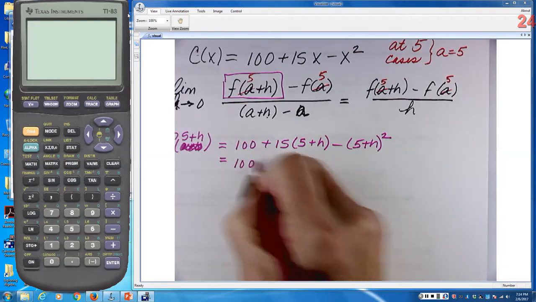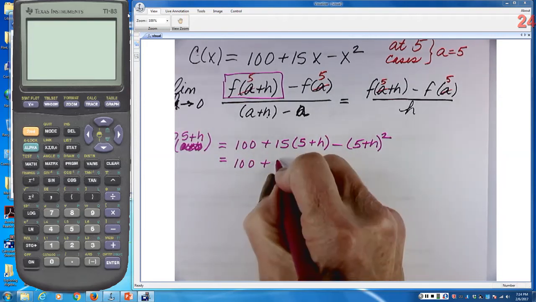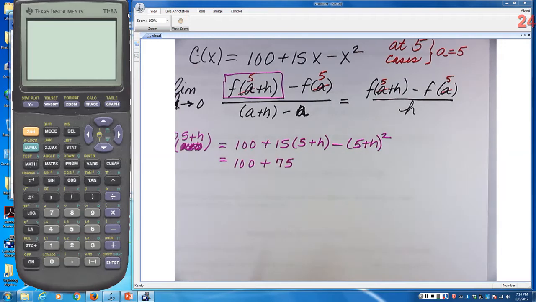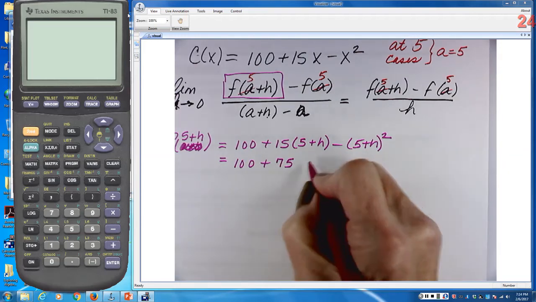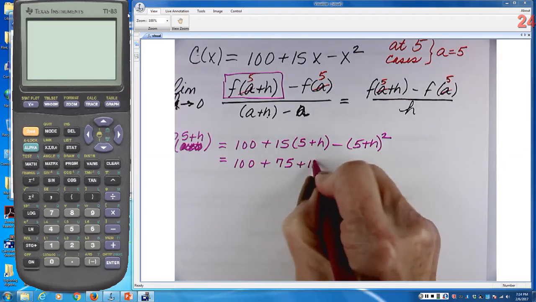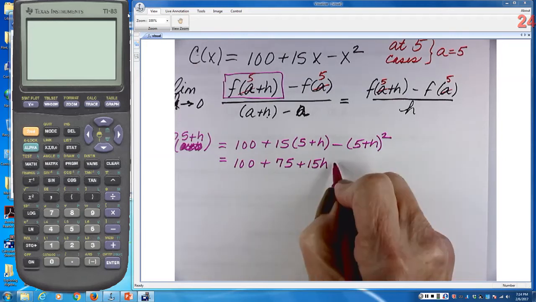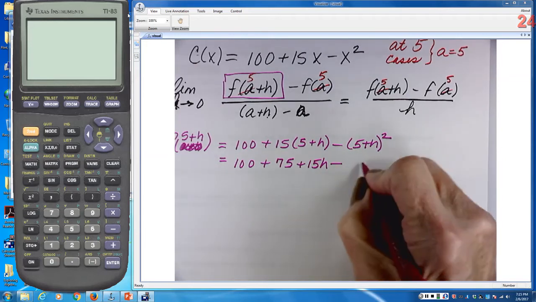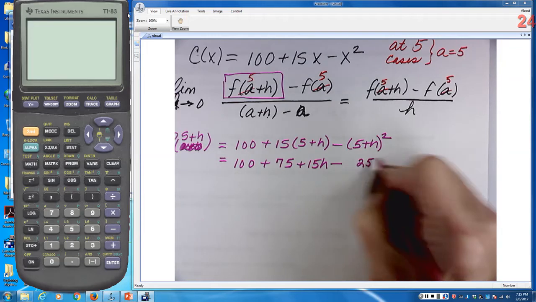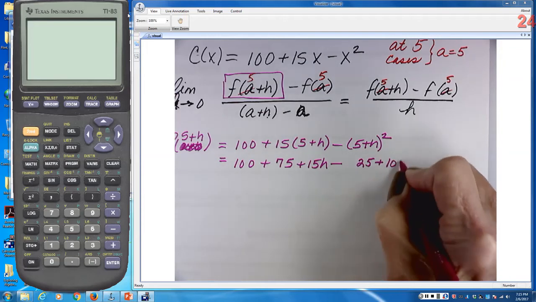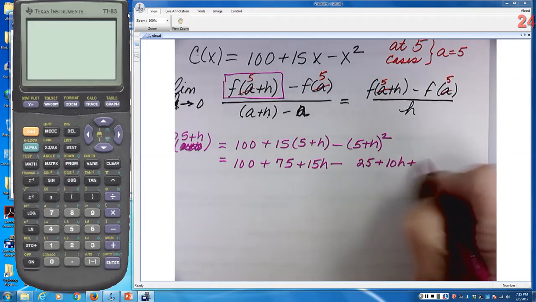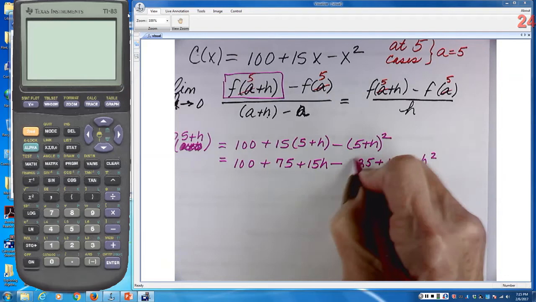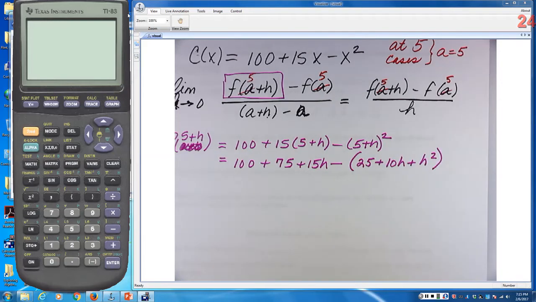So 100 plus 15 times 5 is 75. And 15 times h is 15h. And 5 plus h squared is 25 plus 10h plus h squared. But I'm going to subtract all three of those terms.